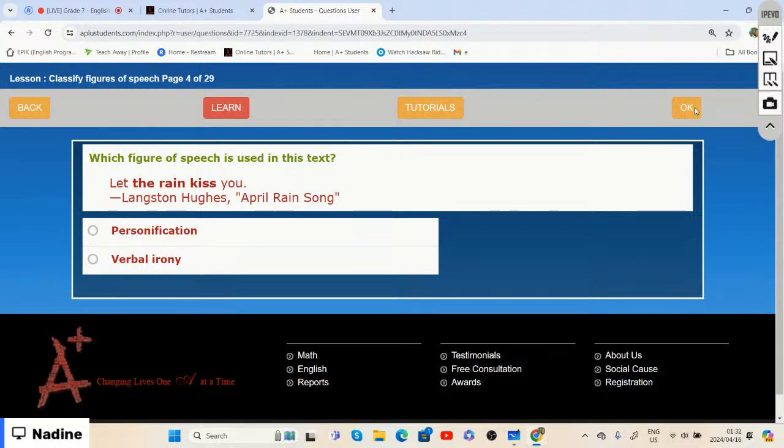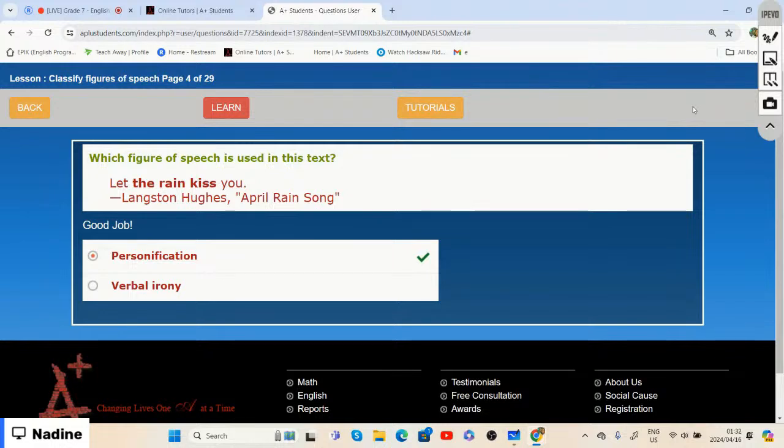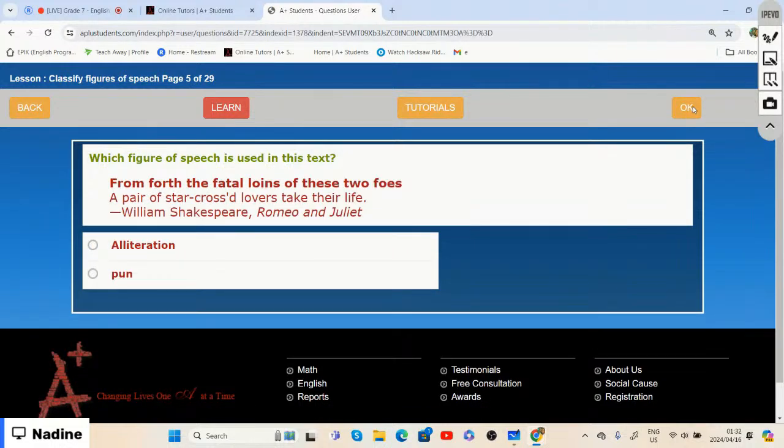A verbal irony is when someone says something which is different than what they mean. All right, let's go with personification. It's human-like. Because does the rain kiss us? No, it's just the droplet touching our face. It doesn't necessarily mean that the rain is kissing us. So well done, option one was correct.